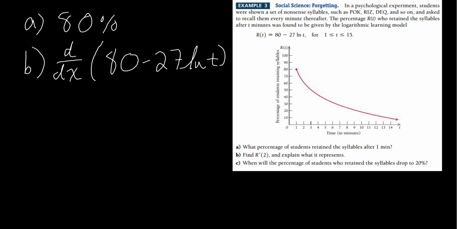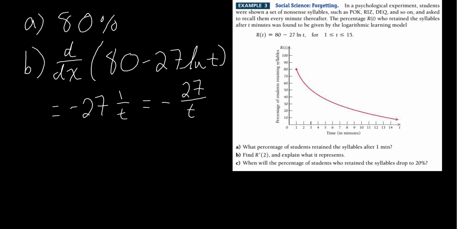Well, the derivative of 80 is nothing, right? It's just 0. And then we have minus 27, and then what is the derivative of the natural log of t? Well, again, that's just going to be 1 over t. Or we can write this as negative 27 over t, right?